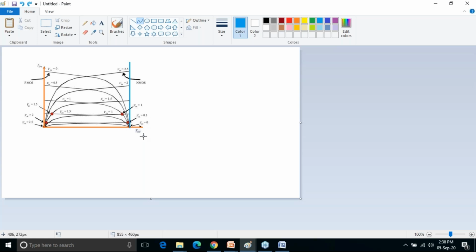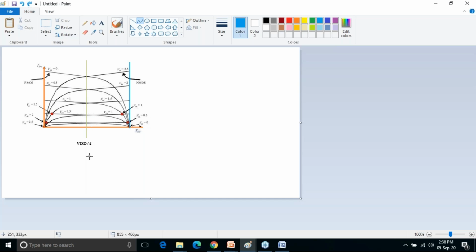Hope you have drawn properly. Next, you need to find the middle of this graph. So I have drawn this line. This should be a dotted line, not that dark. This is just for understanding that at switching, if this is VDD and this is 0, then this is VDD by 2. So switching should occur at exactly VDD by 2. That is the main intention.